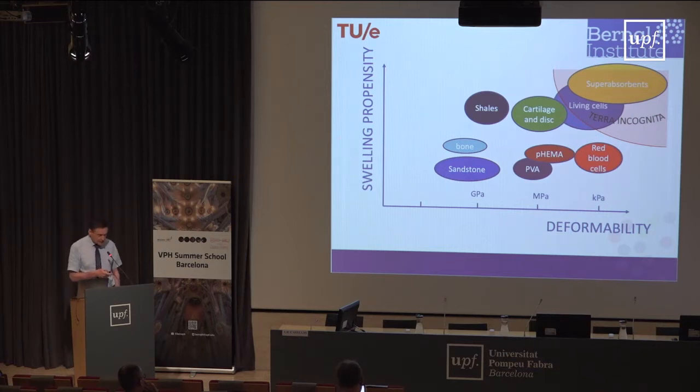And especially in that upper right corner there, we get really into trouble. Why? Because the high swelling and high deformability makes the models and the materials extremely versatile and even sometimes unstable.